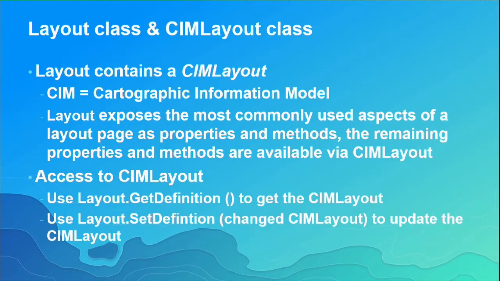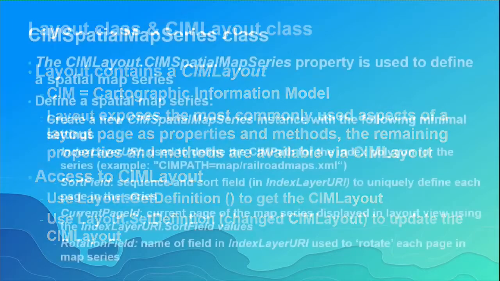To access the sim layout, for the deeper functionality in the layout, you use the layout get definition call that will return the sim layout to you. And then you use the layout set definition call with the changed sim layout as a parameter to update the sim layout in your layout.